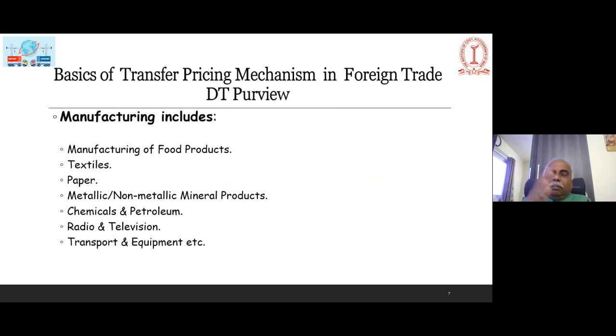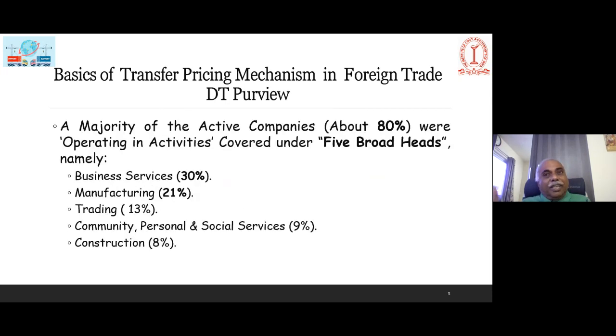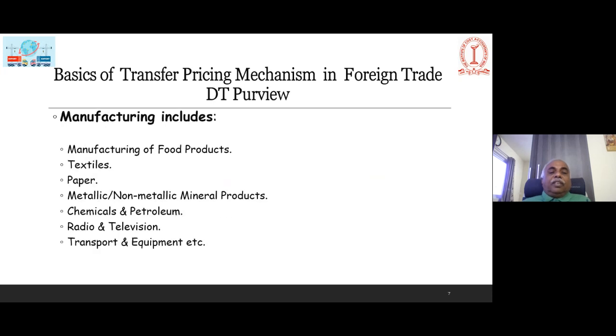Not only that one, manufacturing. The manufacturing companies are of various types. If you see particularly manufacturing, 21% out of the active companies. And this 21% consists of food processing units. Textile companies are there. Paper companies are there. Metallic and non-metallic mineral companies are also there. Chemical and petroleum chemicals companies are also there.